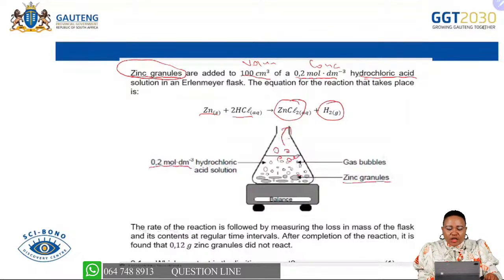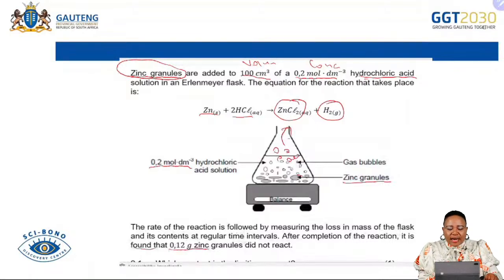Here they say the rate of the reaction is followed by measuring the loss of mass of the flask and its content at gradual time intervals. After completion of the reaction, it is found that 0.12 grams of zinc granules did not react. Immediately when they tell you that some part of the reactants didn't react, the examiner is already giving you information about your excess and your limiting reactant.